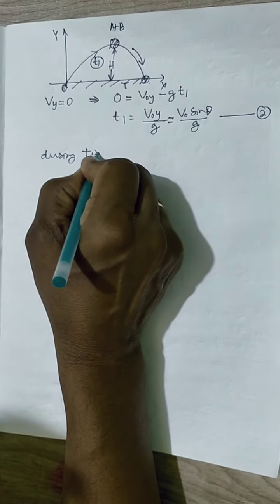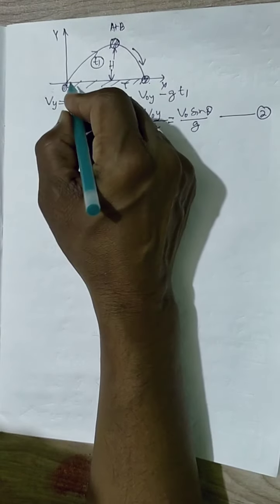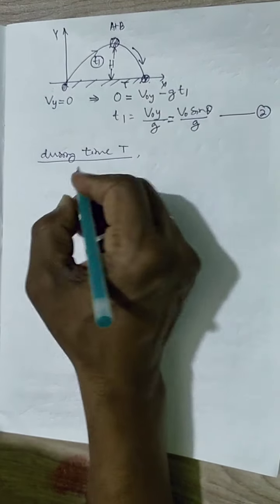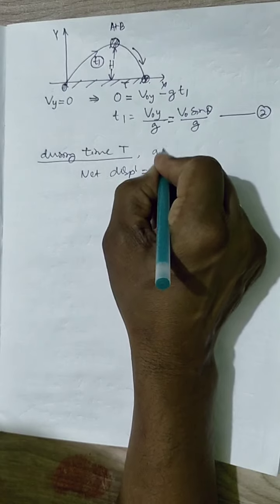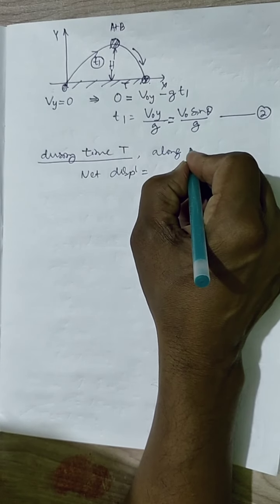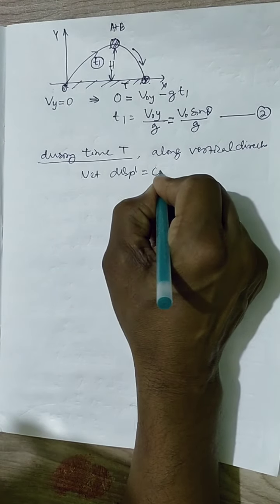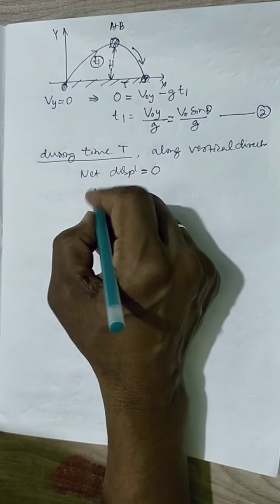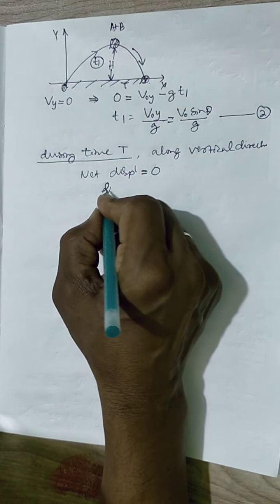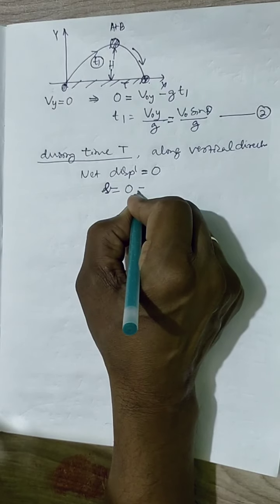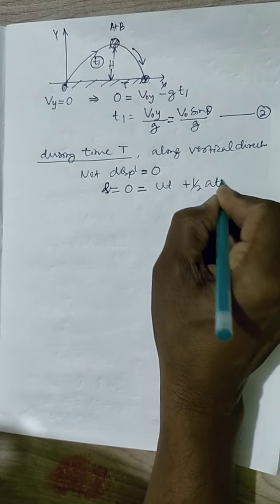During the time period t, it has moved and touched the ground, and the net displacement along the vertical direction is 0, or S is equal to 0, where S is equal to ut plus half at square.